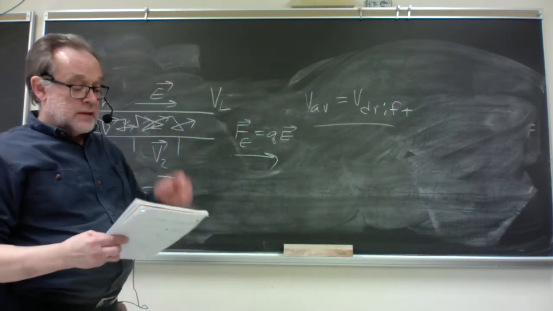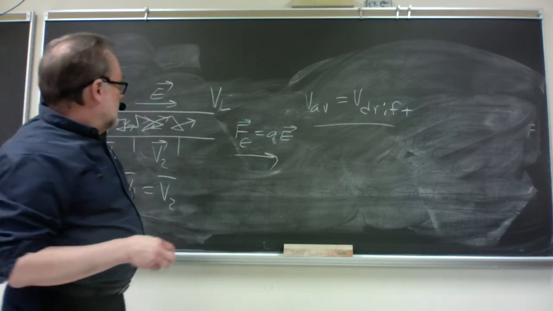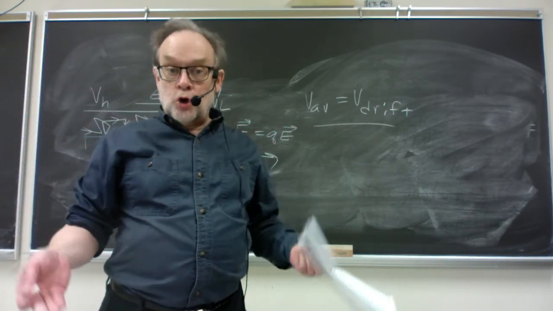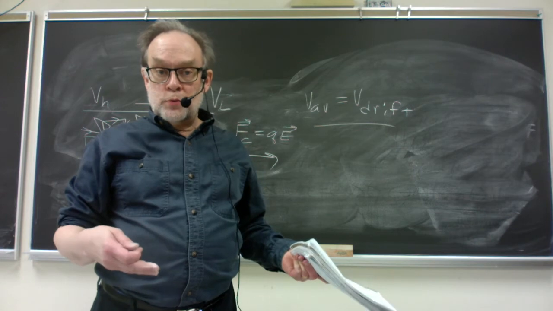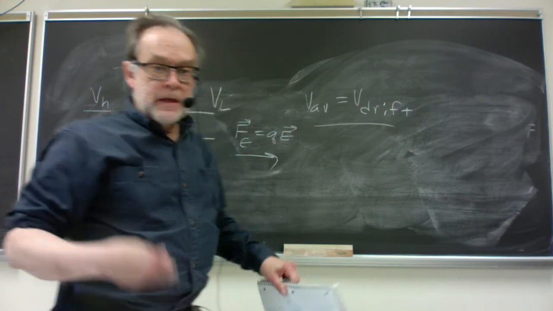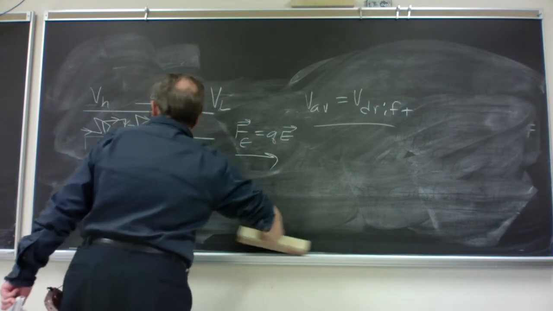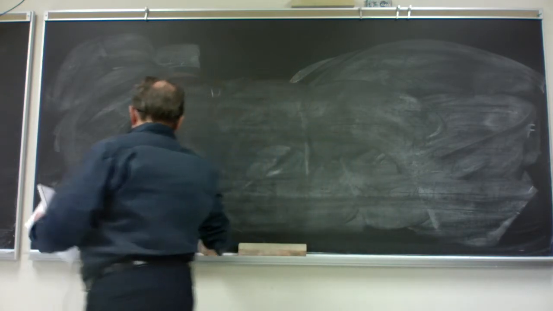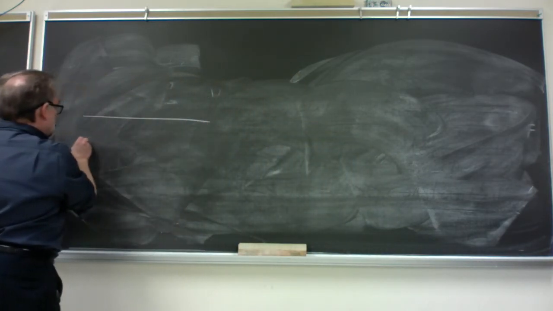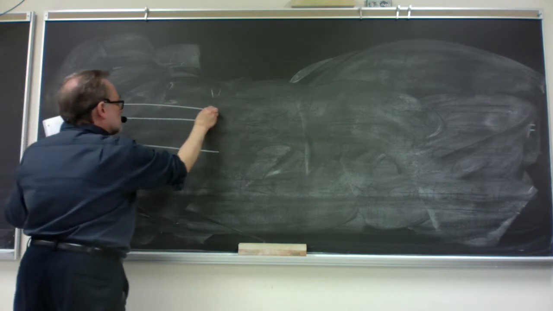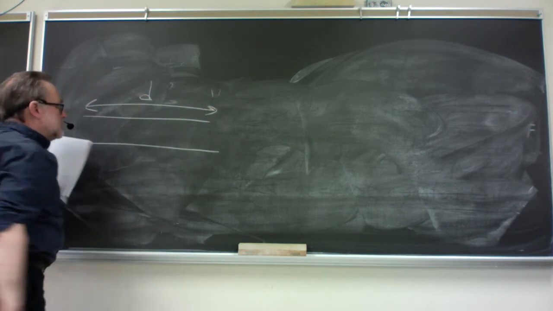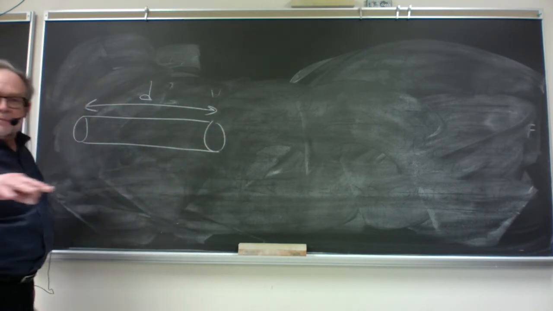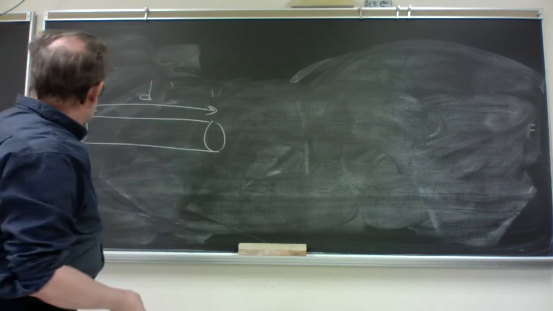So we've got the drift velocity, and now we can relate this drift velocity to the current, the number of coulombs per second passing by any point, and we can do it this way. Imagine a segment of wire, with a length that we'll call d, a long, thin cylinder.